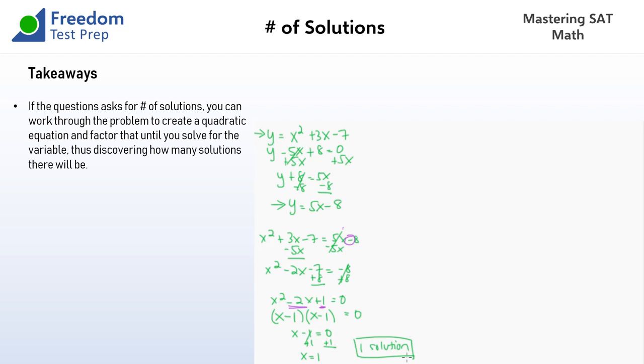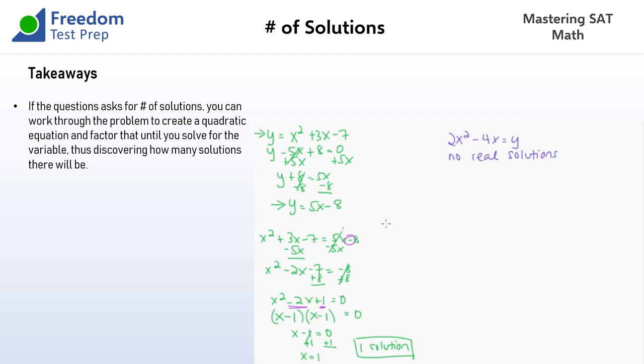All right, now it could look really different. So another kind of question that I've seen, I'll just use a different color. I've seen a question where they just give you one equation, and it might be something like this, and they say solve for y, and then they tell you there are no real solutions to this problem.